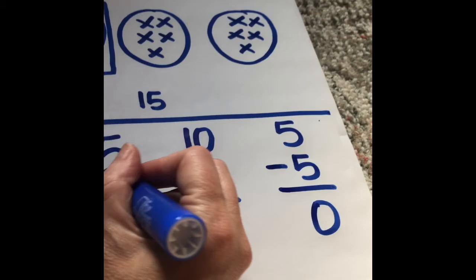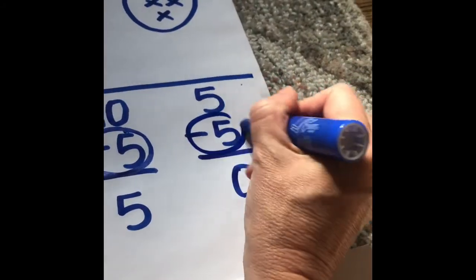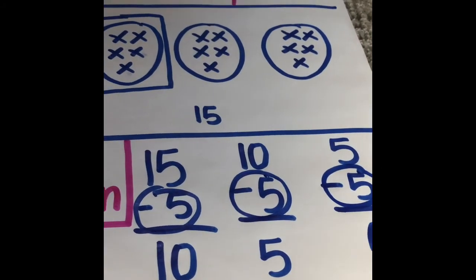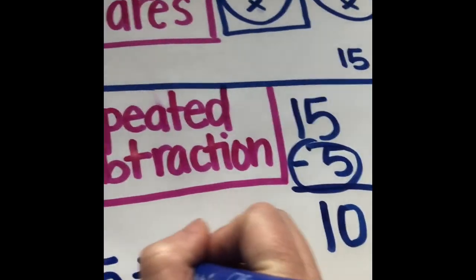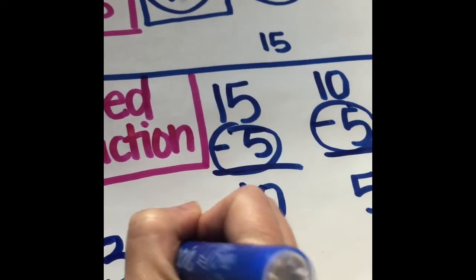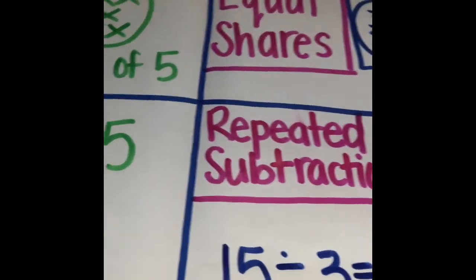So I had to do it 1, 2, 3 times. So that tells me that 15 divided by 3 equals 5. So I'm getting that same quotient.